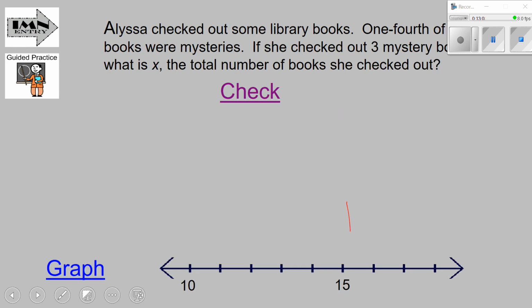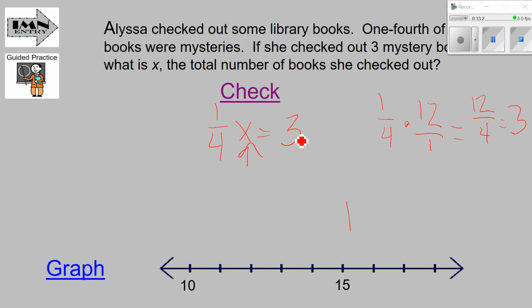Now, there's a way to check, and that's what I'm going to show you next. So let's check it. If 1/4 of x equals 3, we just said that x was 12, right? So what is 1/4 times 12? We'll do the math. 1 times 12 is 12. 4 times 1 is 4. What's 12 divided by 4?